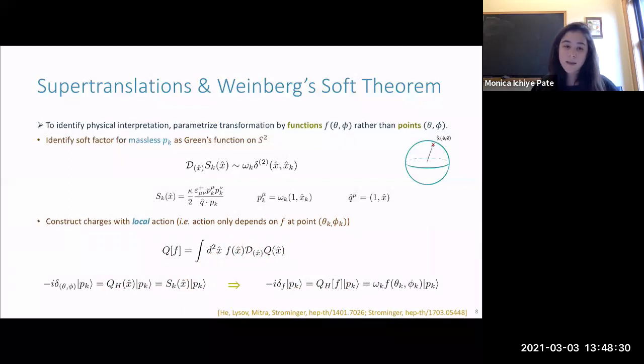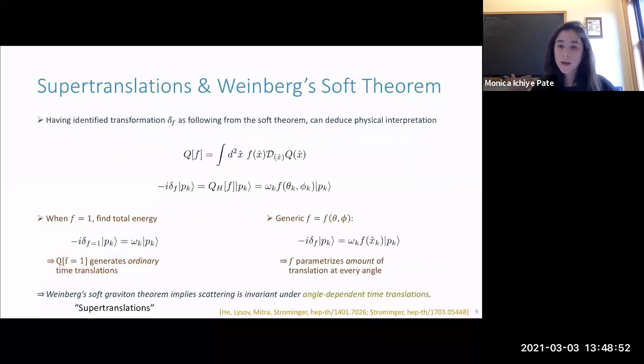That's just to say that we parameterize our infinite number of symmetries in a slightly different way, and their actions on massless single particle states return the energy and an arbitrary function evaluated at the point towards which that massless particle is propagating.